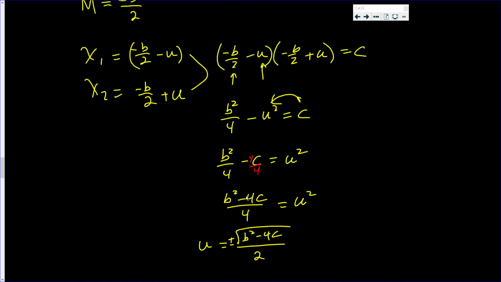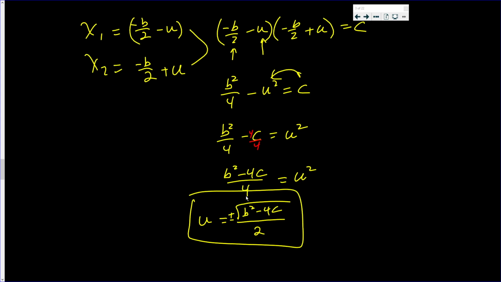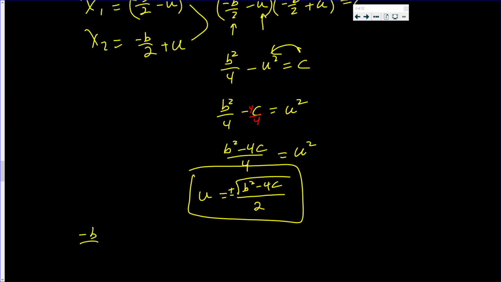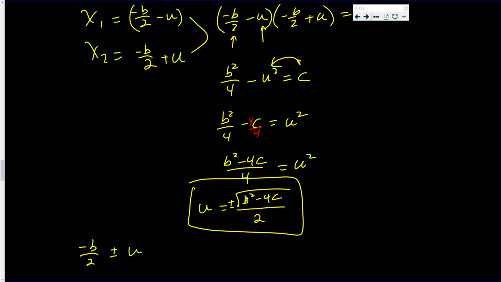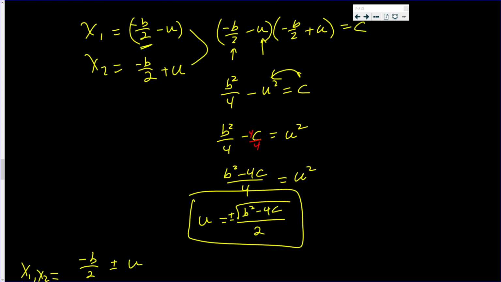Now, we solve for what u is. However, the roots are negative b over 2 plus or minus u. Just to be clear, one root is negative b over 2 minus u.